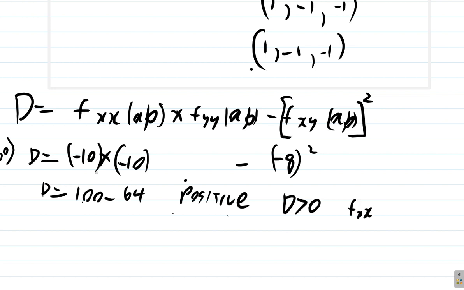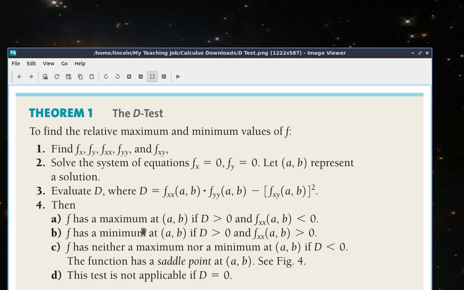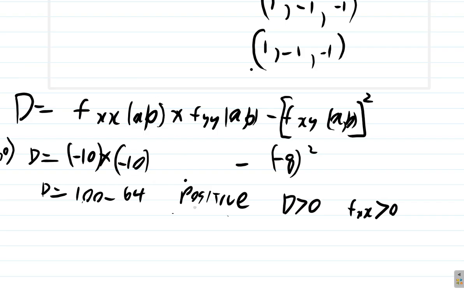Fxx was negative 10 by negative 10, it's positive, also greater than 0. So when you have both of them greater than 0, you have a minimum point.